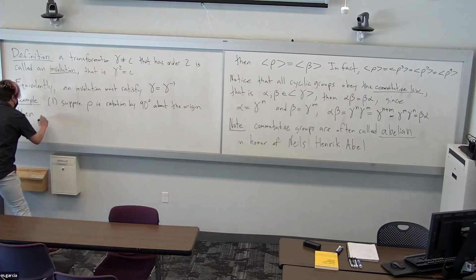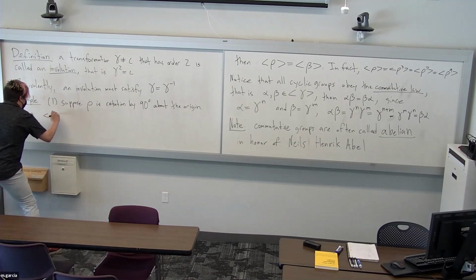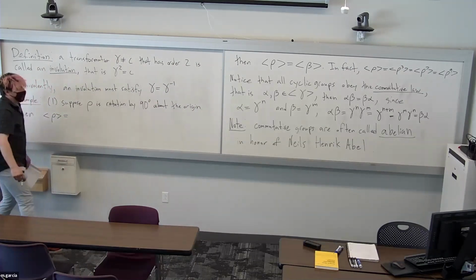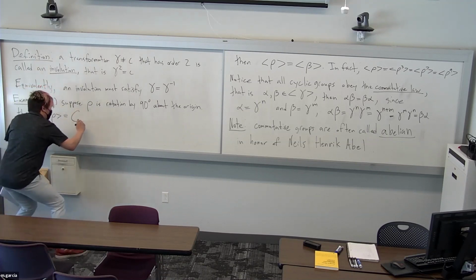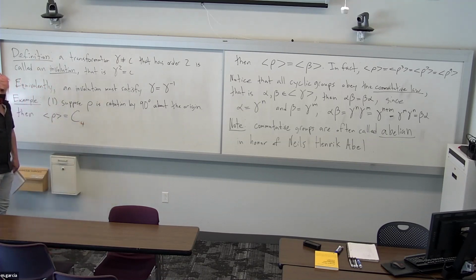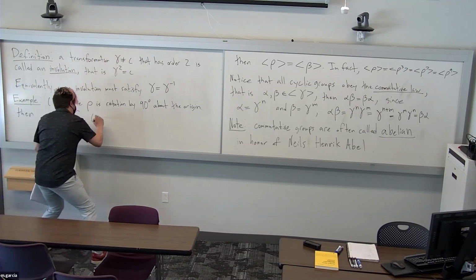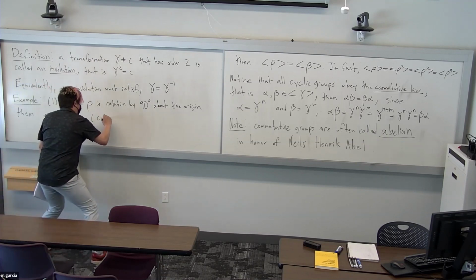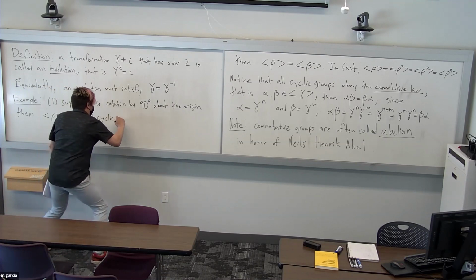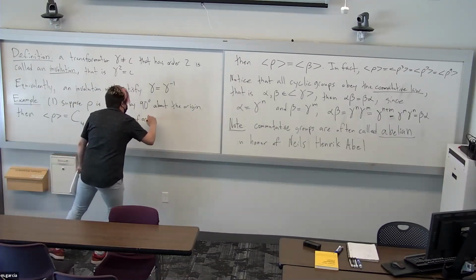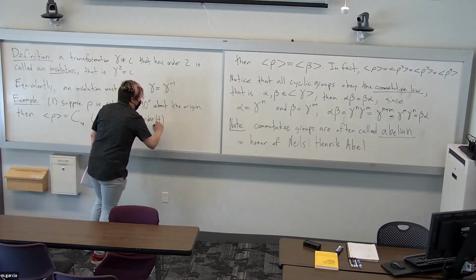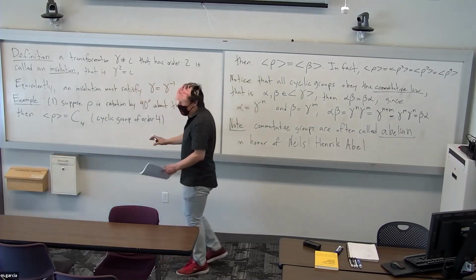Then the cyclic group generated by rho, we give a special name, C4. C for cyclic group of order 4, just some convenient notation.